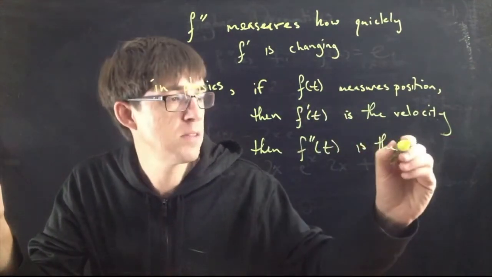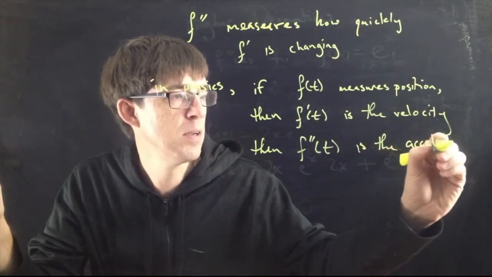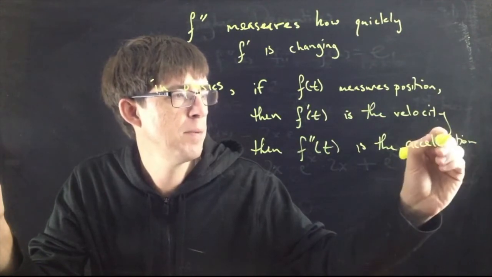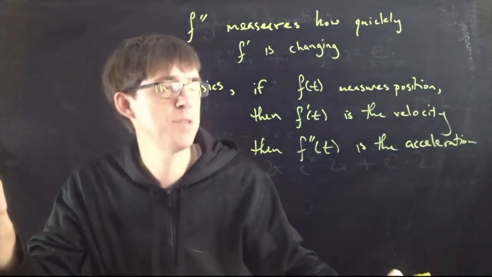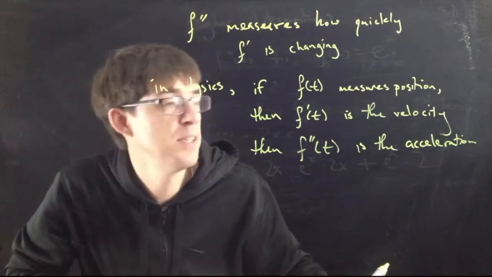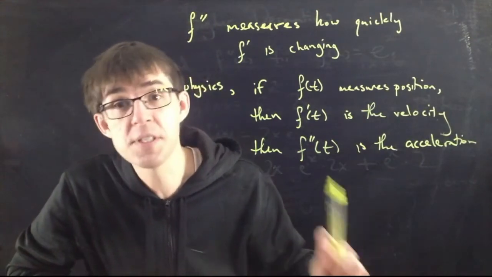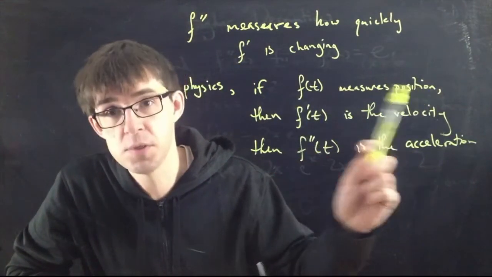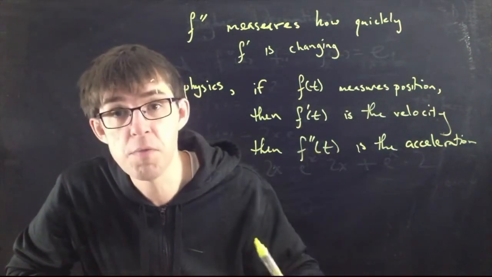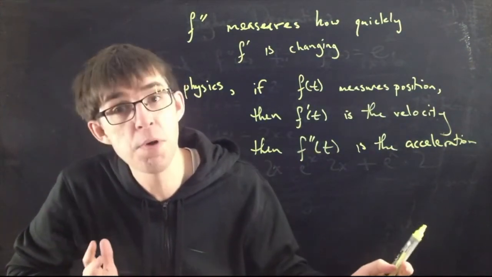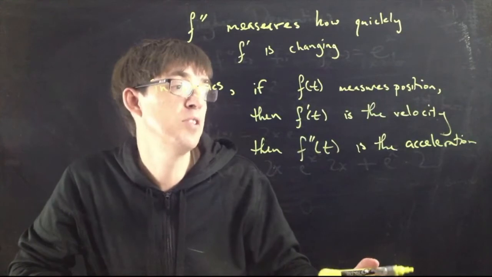There's a word for that. That's called the acceleration, right? The acceleration. This is the second derivative. So in physics, describing motion of objects, the second derivative represents the acceleration, which is super important in all kinds of situations.